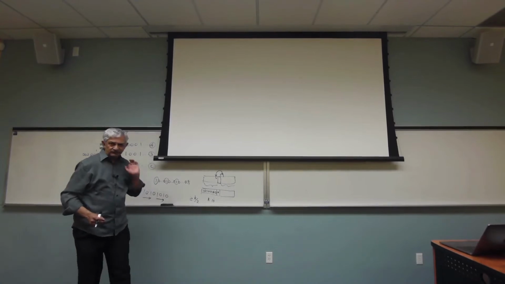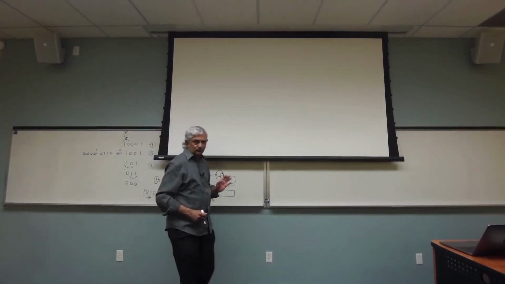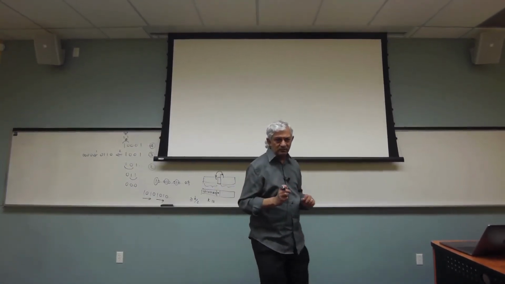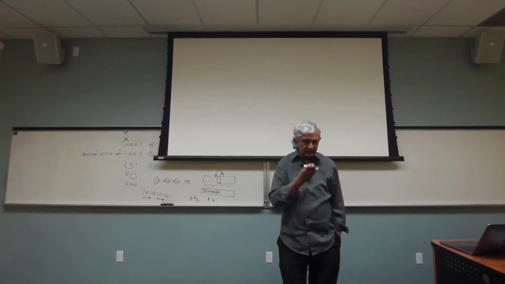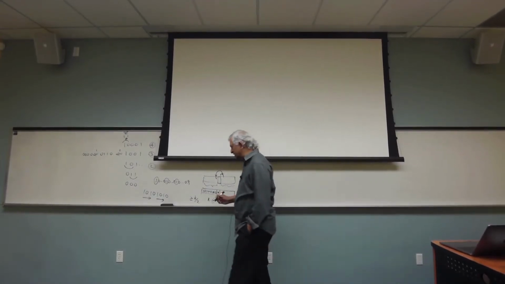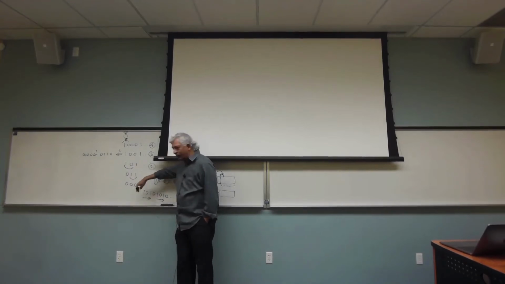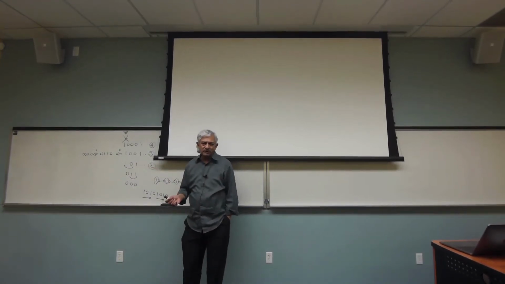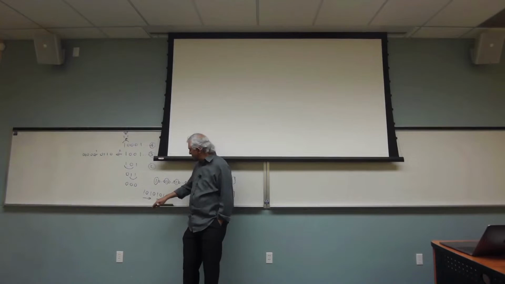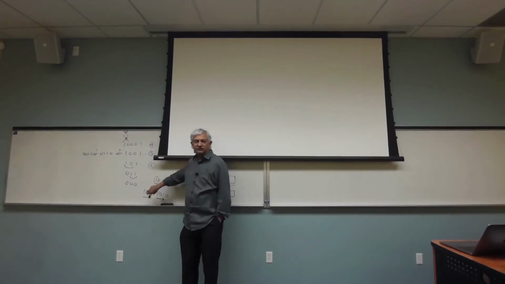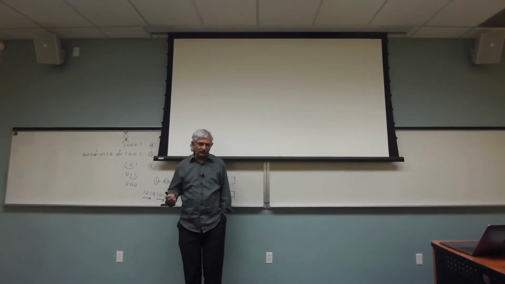So in 2 flips, I'll take care of 2 ones at a time, and I'll be done. So it's equivalent to saying I'm wasting 1 extra flip to take care of this, but if I can merge it with another one, I would actually save 1. That's roughly what it's saying.